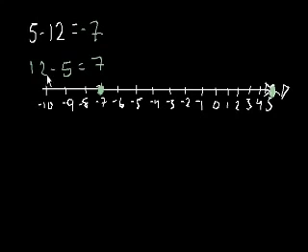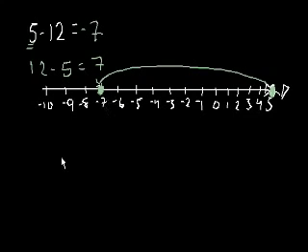The difference between 12 and 5 is 7, and the difference between 5 and 12 is negative 7. The numbers are that far apart, but now we're starting with the lower number. I think that last sentence just completely confused you, but we'll keep moving forward. We just said 5 minus 12 is equal to negative 7.